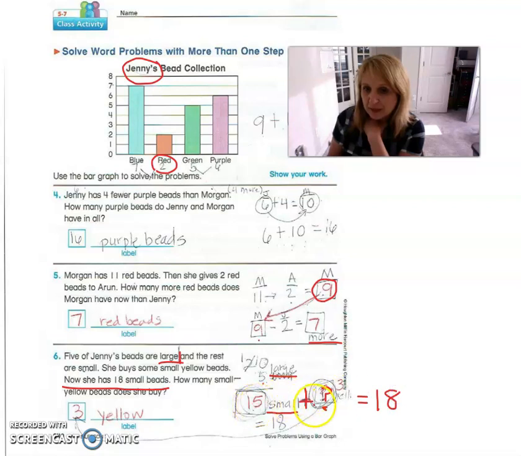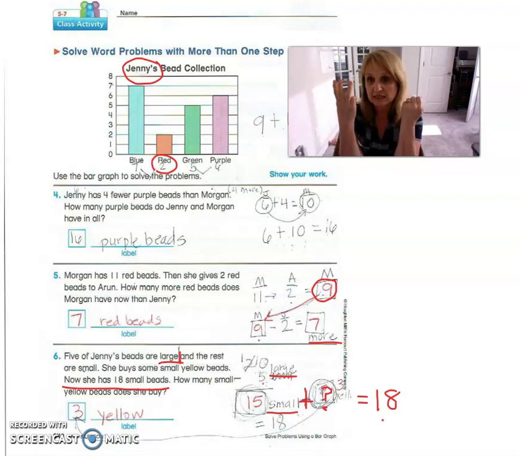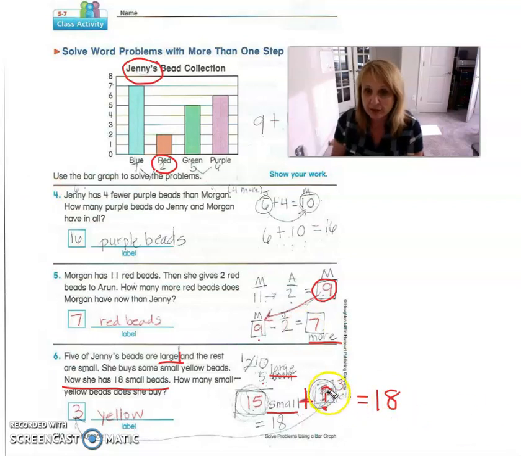So 15 plus what equals 18? We can do that one on our fingers. 15, 16, 17, 18, right? So this question mark right here must be 3 because 15 plus 3 equals 18, which means how many small yellow beads did she buy? 3.